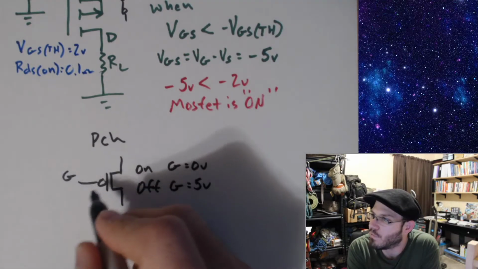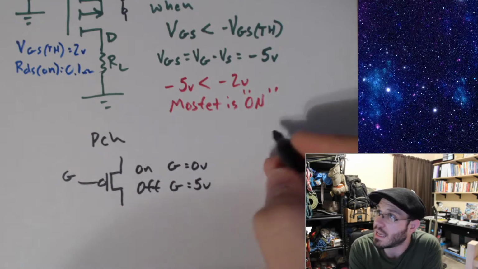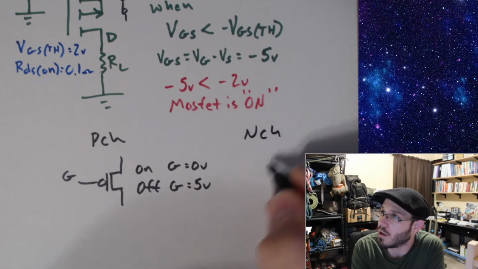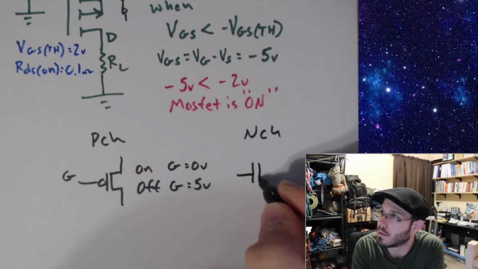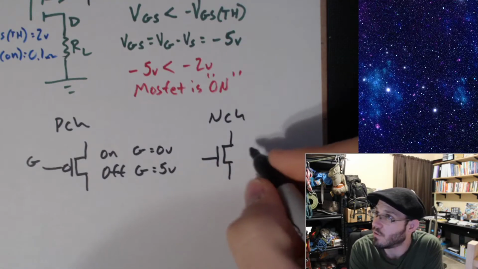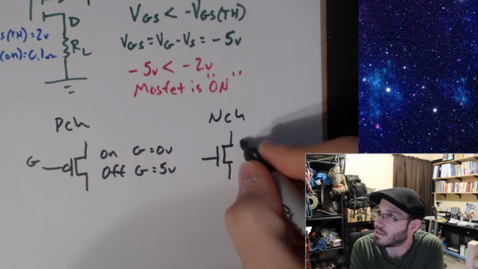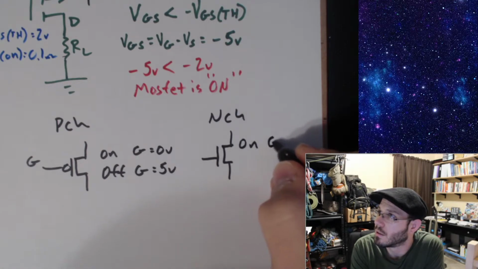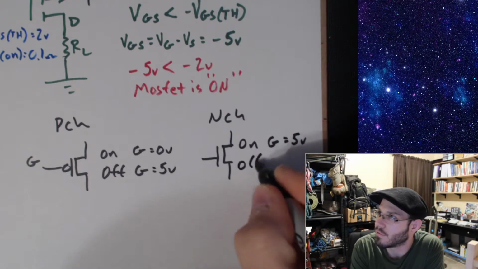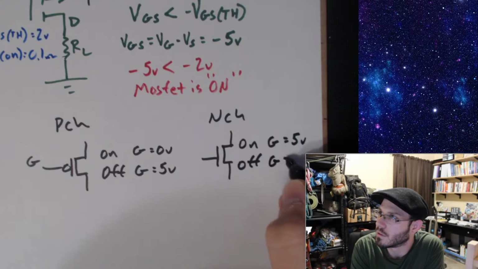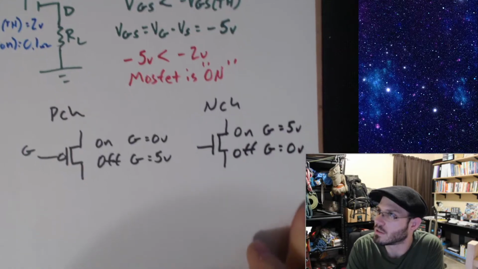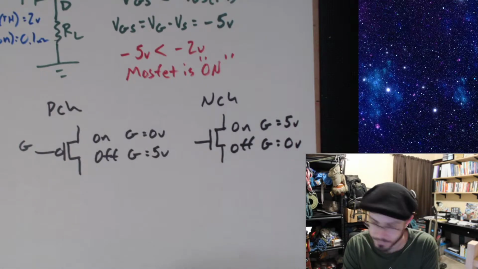They put a little inverter bubble over here on the input. For an N channel, the abbreviation is different, which is just inverted logic. So it is on when we have 5 volts over here. It is off when the gate is 0 volts, versus a P channel.